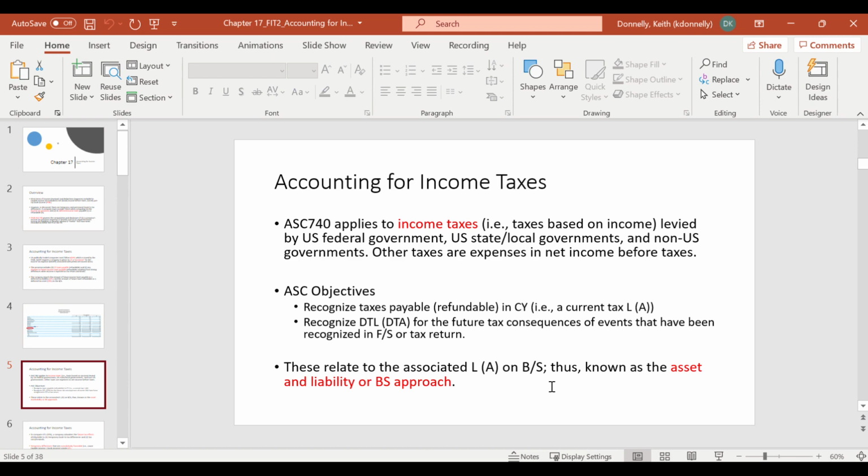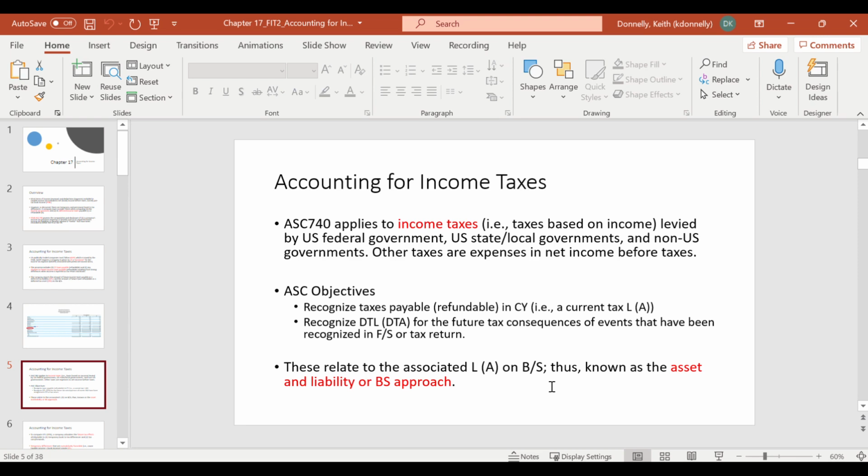Now, the overall objective with ASC 740 is going to be to figure out what our current taxes are from the current year versus how much is going to affect our later years. So here's the idea at a very high level. Maybe you, as a business, make $100,000 of income, right?